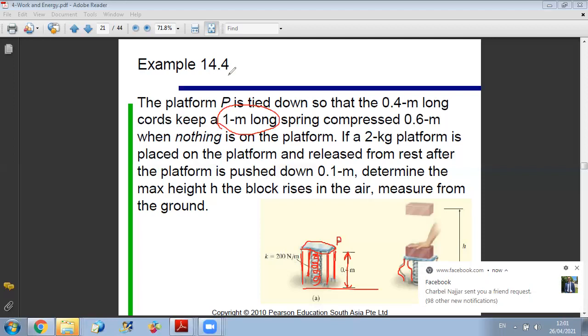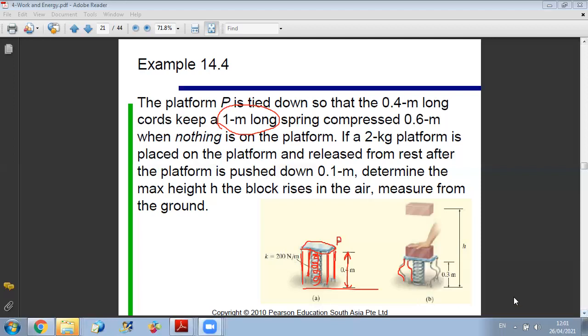Now, at the initial state, it was already compressed 0.6 meters, because you know delta L is L final, the length of the spring, minus the unstretched length L0. So here in this figure, just before putting anything, what was delta L? Delta L was 0.4 minus 1 equals minus 0.6.